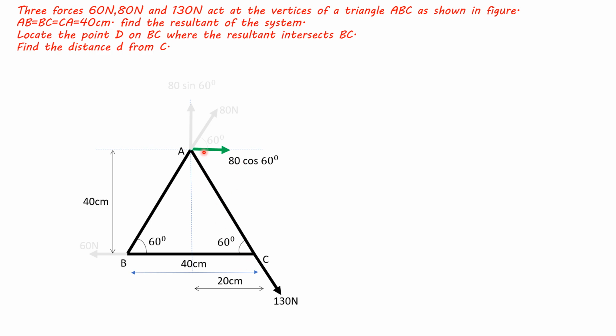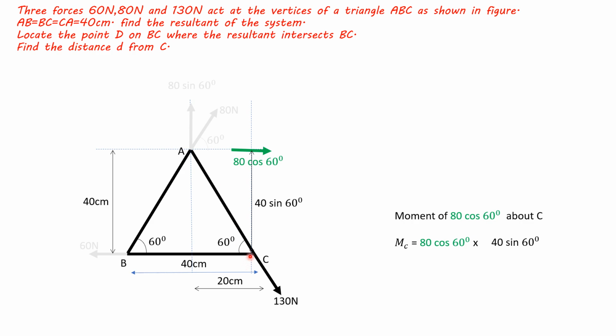Now, let us take moment of this force component about point C. This is the line of action of this force component and it will pass through A, and about point C we are taking moment.